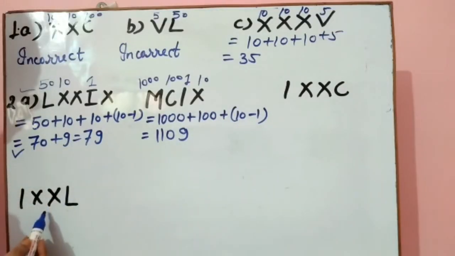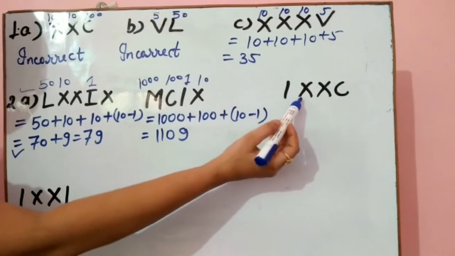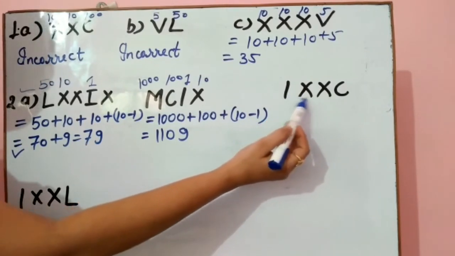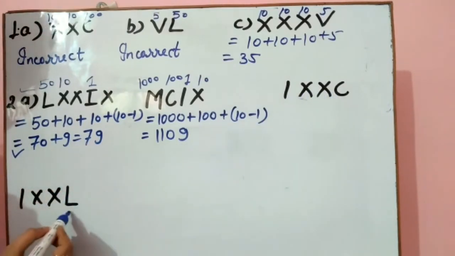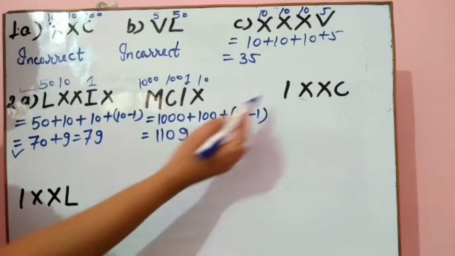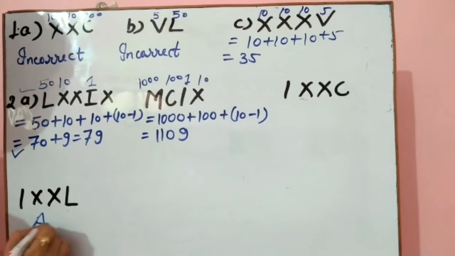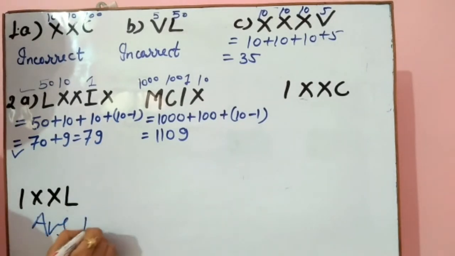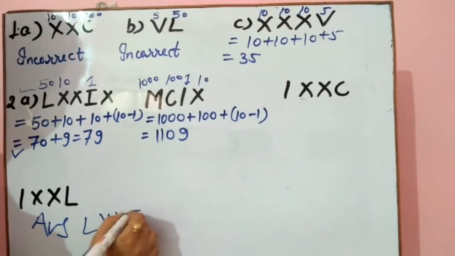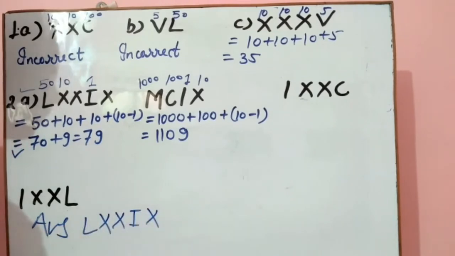These two are wrong. According to the rule, a letter of smaller value can be written to the left of a letter of greater value only once. That's why these two are wrong. So our correct answer is LXXIX. Understood?